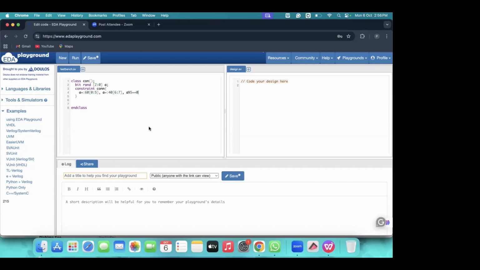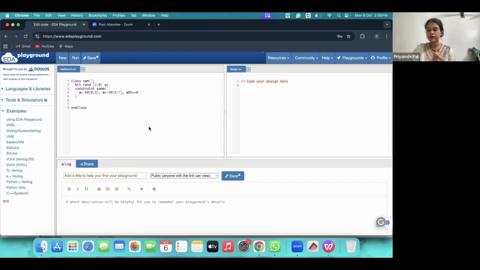So you have done FIFO, right? In FIFO, what is the difference between synchronous and asynchronous FIFO? Ma'am, in synchronous FIFO, the read and write operations share the same clock, whereas in asynchronous, they have different clock domains.